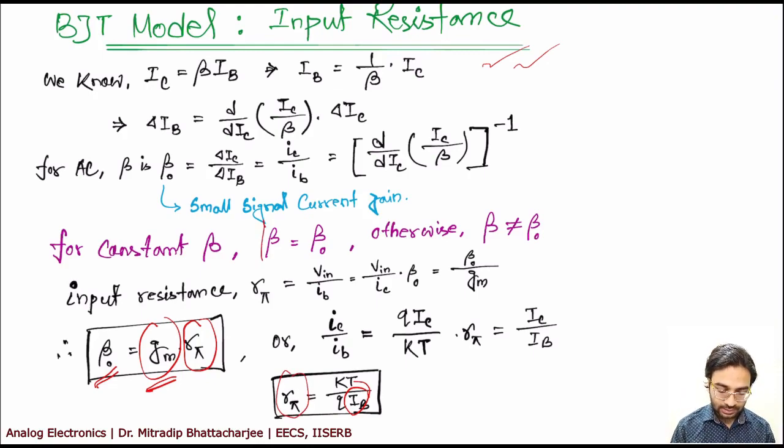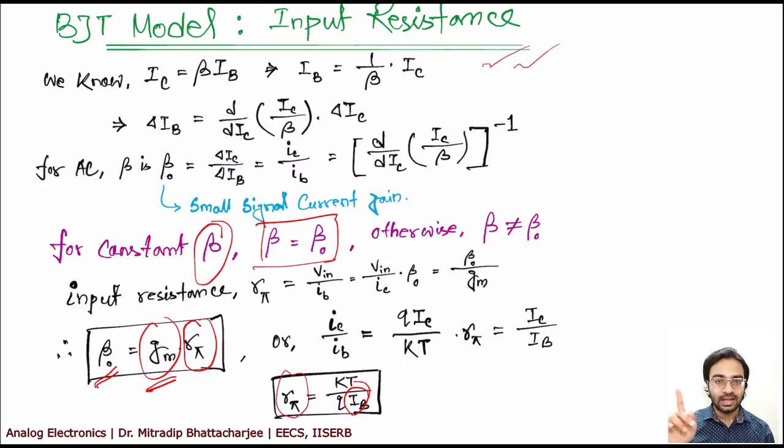And this is another important point, beta equal to beta 0 if DC beta and AC beta are equal, if your DC beta is constant, which can be time dependent based on the temperature rise. Sometimes if you increase the temperature, your beta will vary.